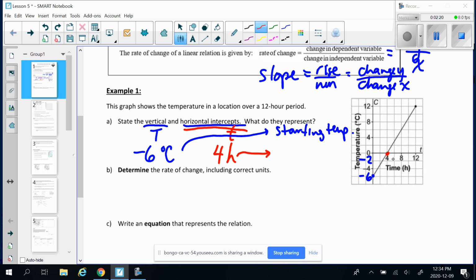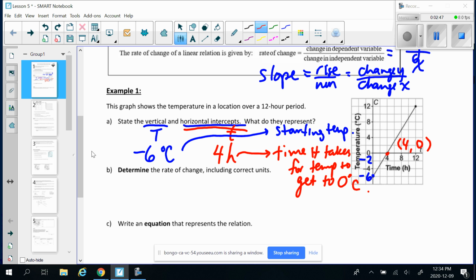Well, what are the coordinates of this point here? It's (4, 0), as in 4 hours, but 0 degrees Celsius. So 4 hours is the time it takes for the temperature to get to 0 degrees. Okay, so we're interested in these vertical and horizontal intercepts as well as what they mean.